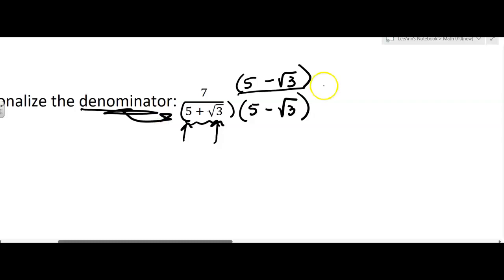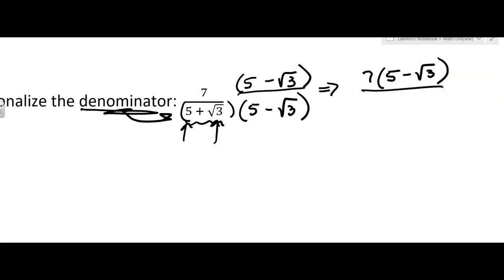Okay, so now what happens? Well, in the numerator, I have 7 times 5 minus the square root of 3. Now, you might say, well, why didn't you distribute the 7? I could have. I decided not to. I'm going to wait and see what happens in the denominator, because maybe I'll be able to simplify. Okay, now, there's two ways you can do this. You can do it quickly, or you can multiply everything out.